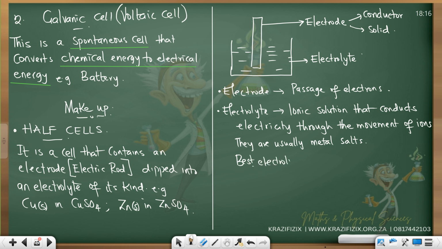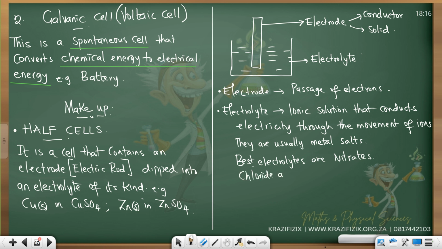The best electrolytes are nitrates. Grade 10: all nitrates are soluble. I'm going to quickly mention something here which we're going to carry across. The best electrolytes are nitrates.